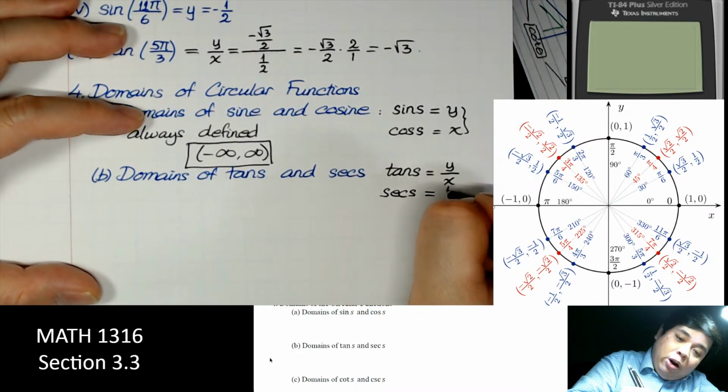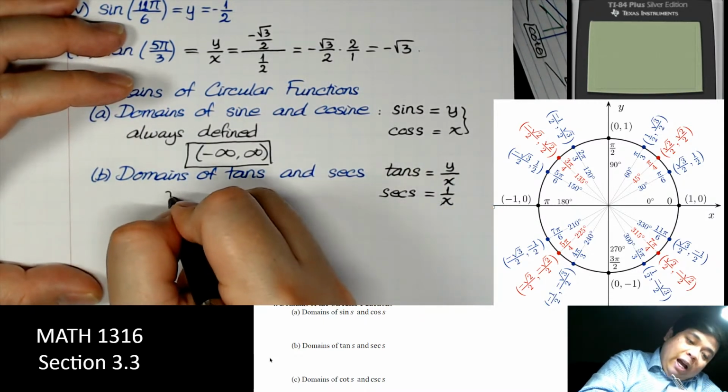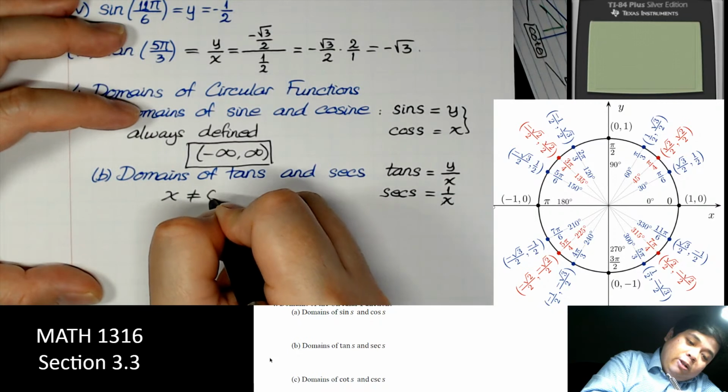Cosine is x, so 1 over x. So both of them divide by x. So for the domain, x cannot be equal to 0.